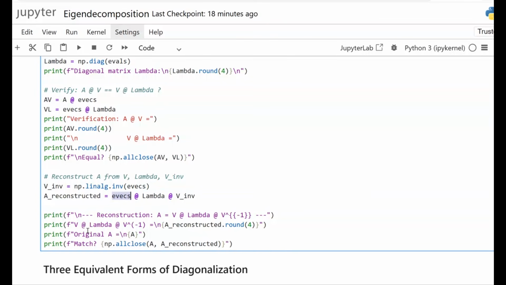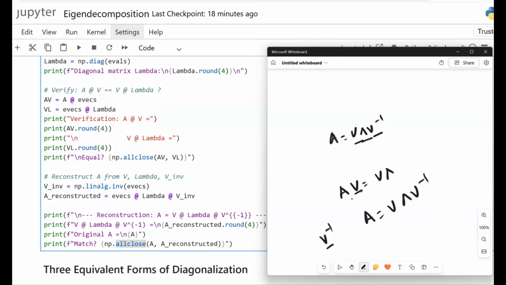For verification, we check both things: A multiplied by V equals V multiplied by lambda, and the second one, A equals V multiplied by lambda multiplied by V inverse. Numerical tolerance is required due to floating point arithmetic.